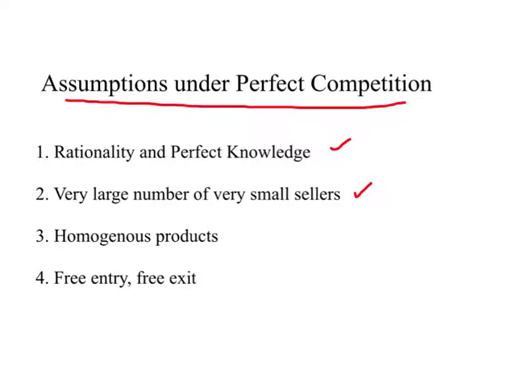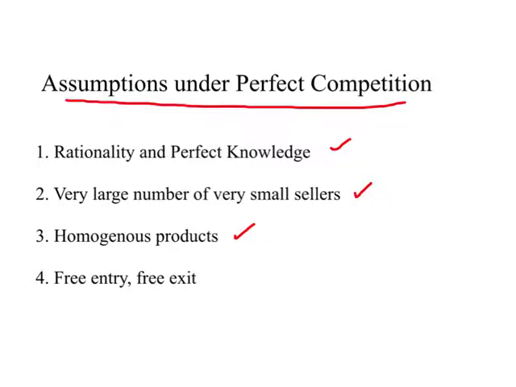The third assumption we made under perfect competition is different sellers sell homogeneous product, or in other words, they sell exactly identical products, so that consumers cannot differentiate the product sold by the first seller from the product sold by the second seller under perfect competition.